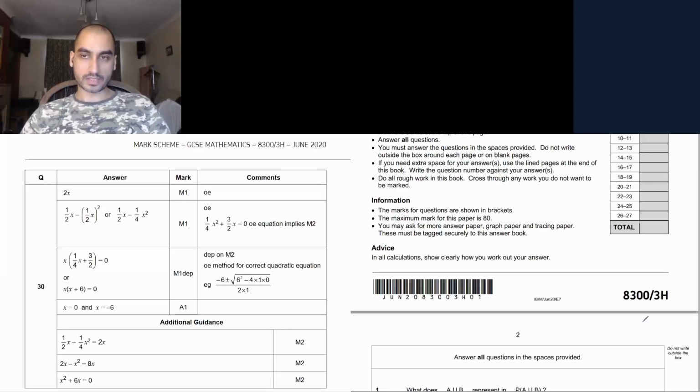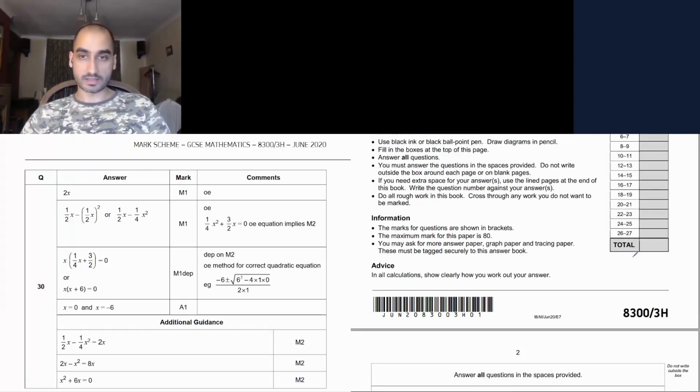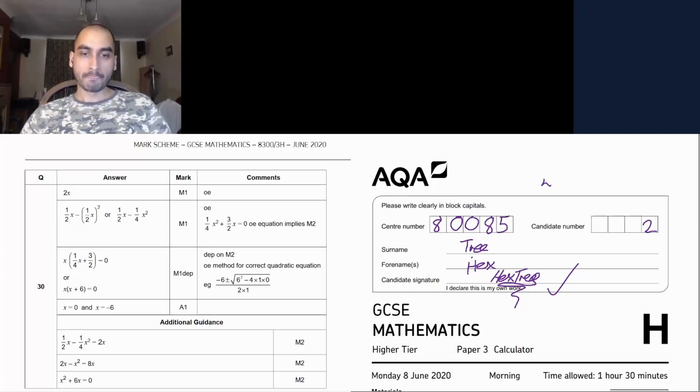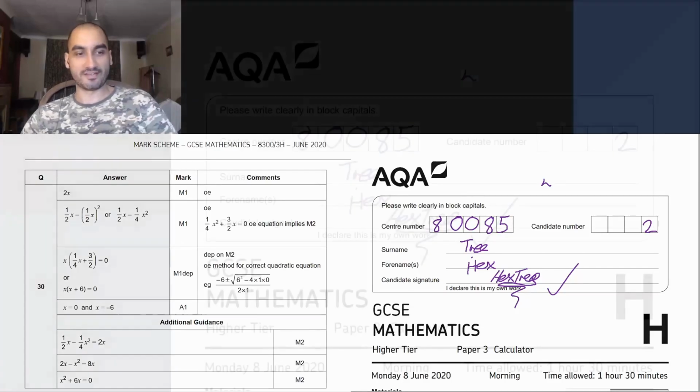But either way, my overall mark is 75. Which is a good mark. It's just anything less than 80 I'm kind of disappointed in myself with, but that's the attitude you should have.